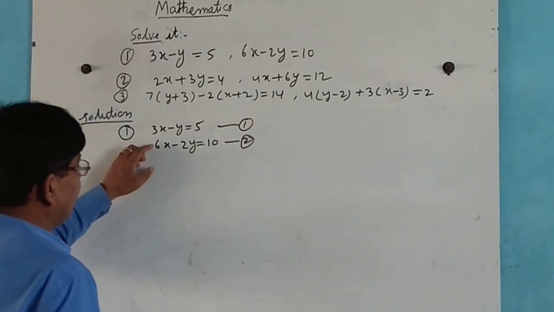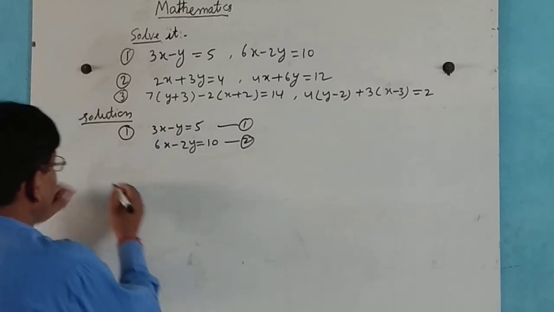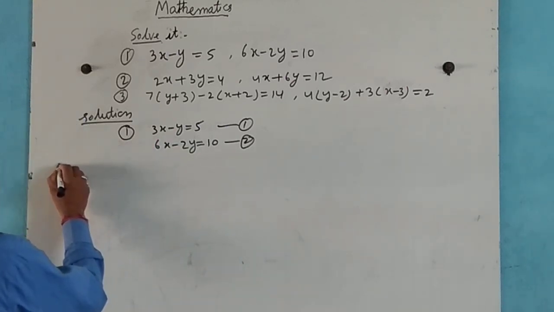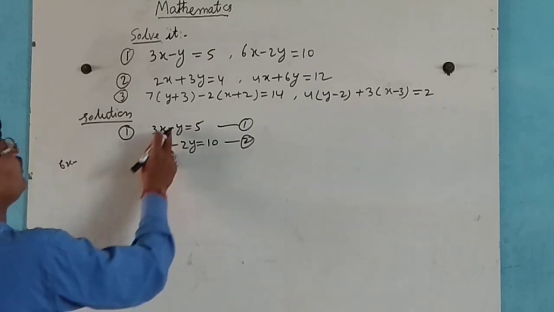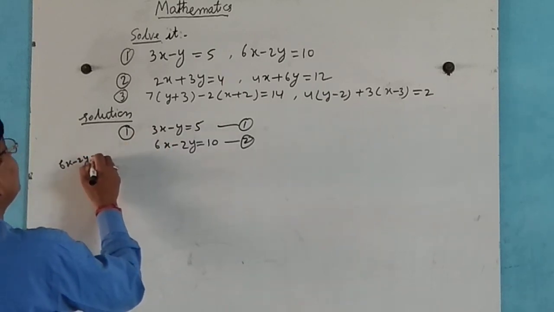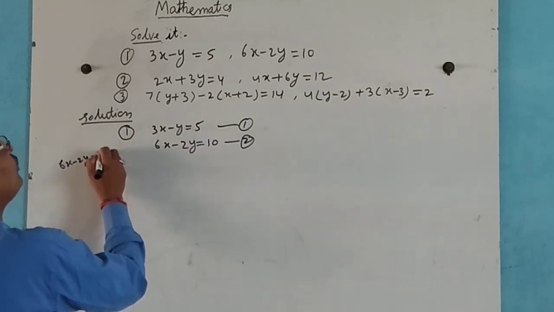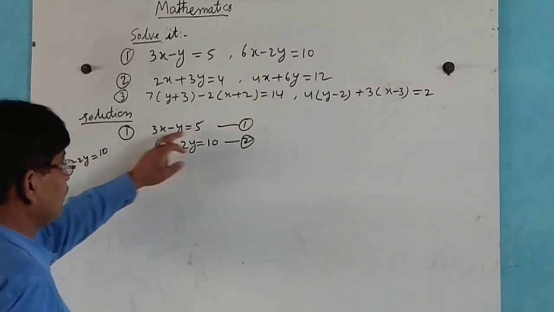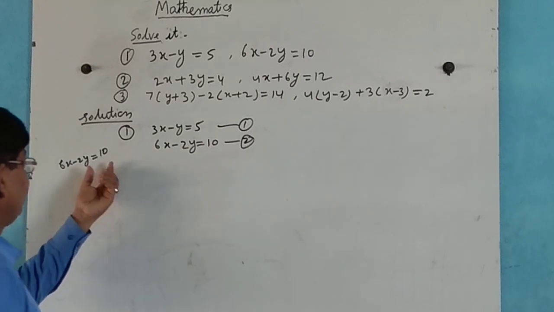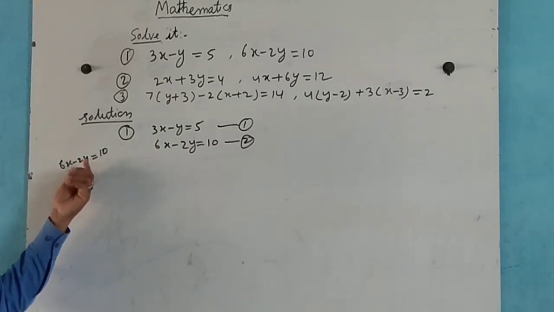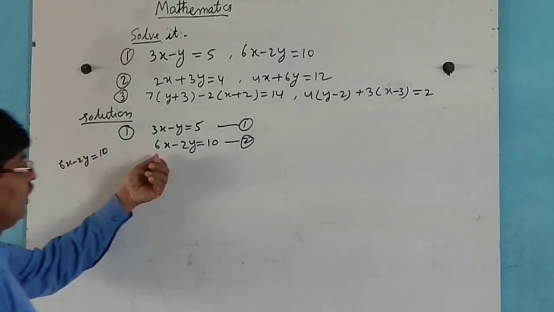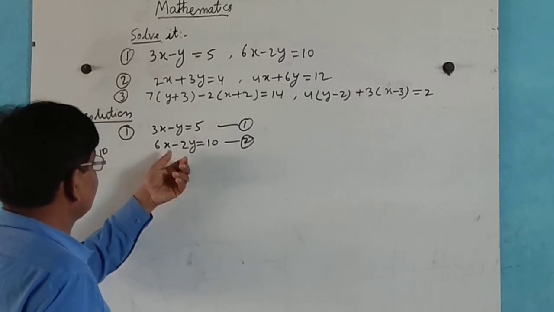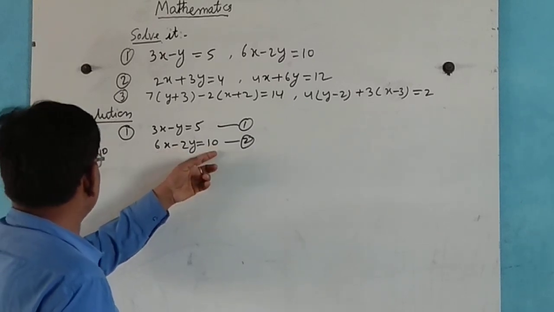If we multiply 1 by 2, 6x minus 2y equal to 10. This is also 6x minus 2y equal to 10.